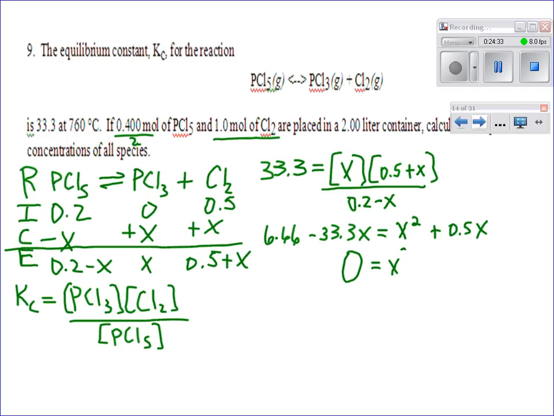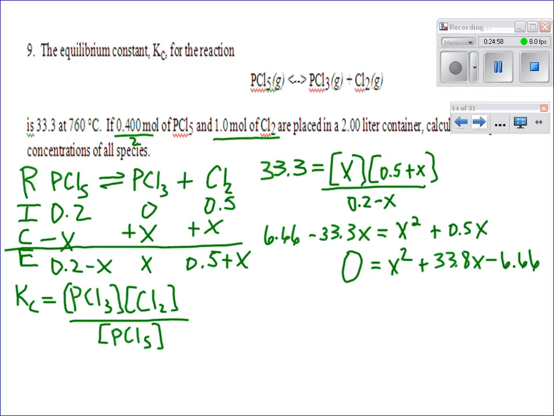So 0 is equal to x squared plus 33.8x, sorry, math is hard, 33.8. And then minus 6.66.